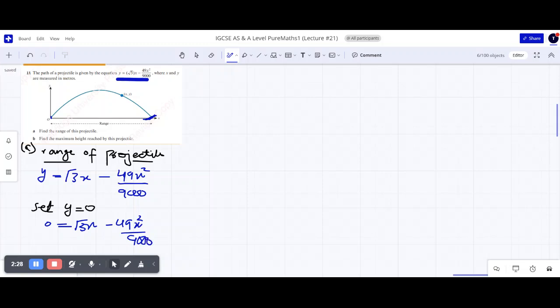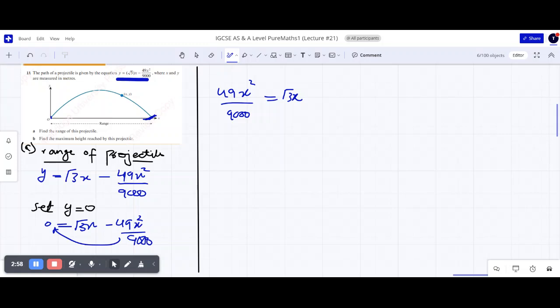Now this term has the negative sign, so we will move it to the other side and it becomes positive. Now 49 x squared divided by 9,000 equals root 3 x. Then we shift root 3 x to the other side, so it becomes negative. So 49 x squared over 9,000 minus root 3 x equals 0.